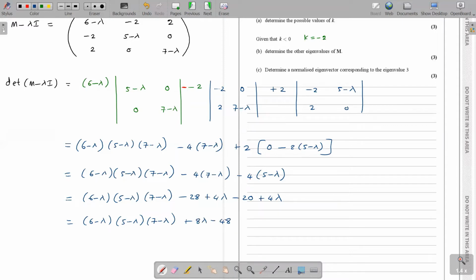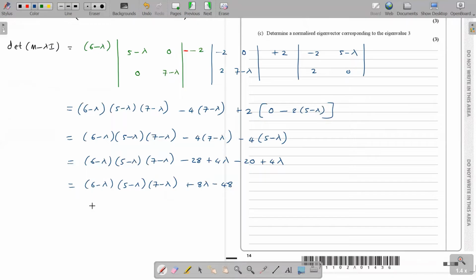Is it possible to take something out? 8, right? And is it common with the other brackets? If you take 8 out, what do we get? We get 6, right? 48. So instead of taking just 8 out, take minus 8 out, because I want to get the same as over here. When you take minus 8 out, this becomes minus lambda plus 6.